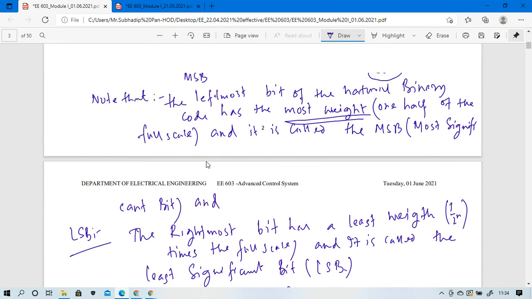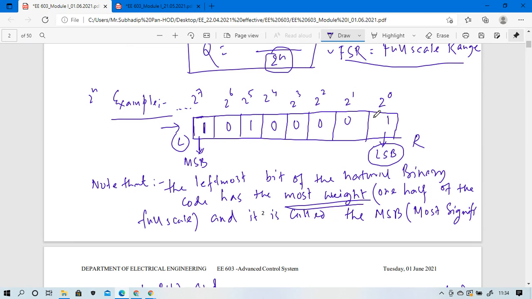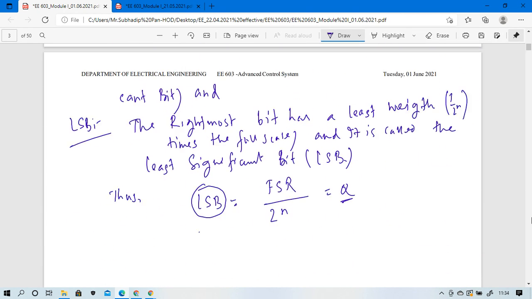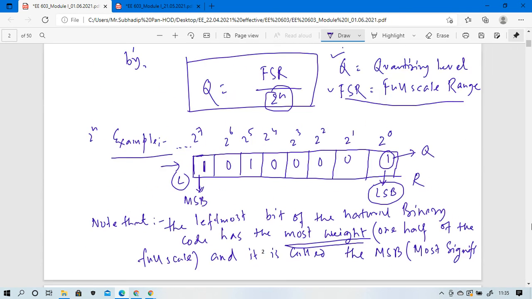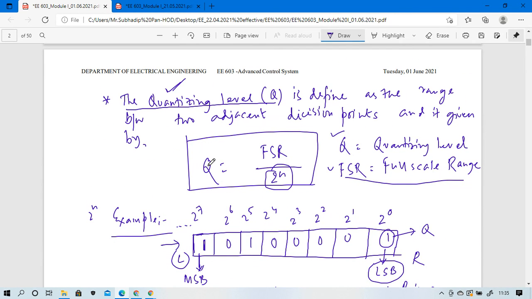So keep in mind these two equations: the LSB we can consider as the FSR, that means the full scale range, divided by 2 to the power n, which is exactly known as your Q.